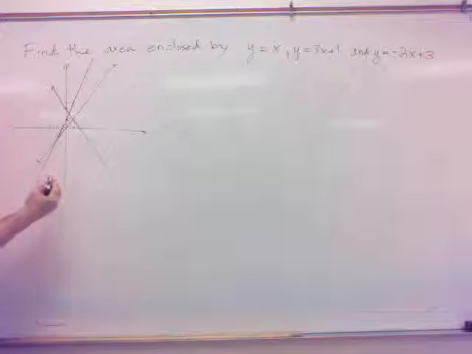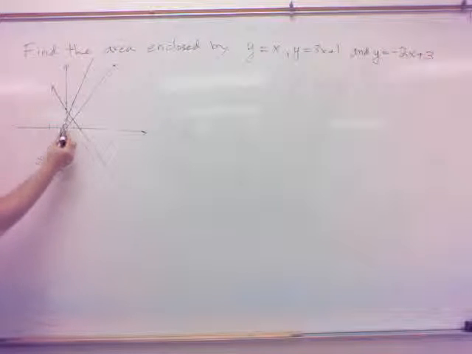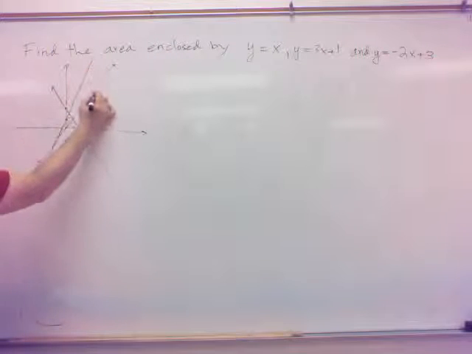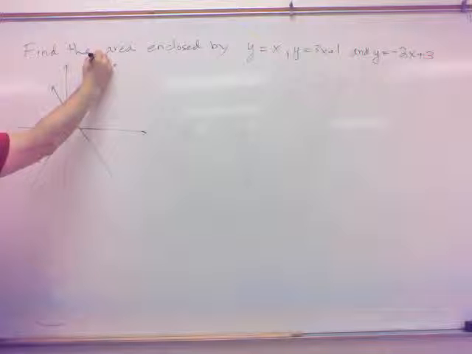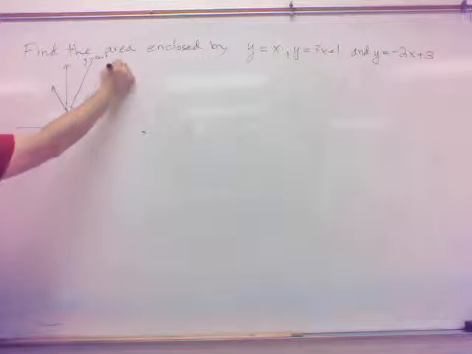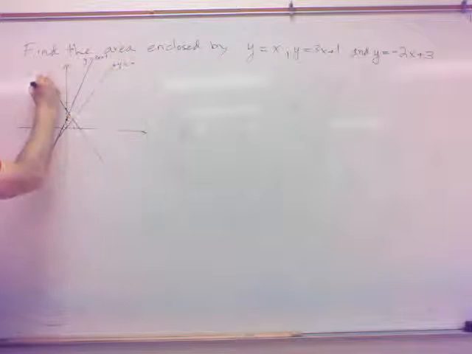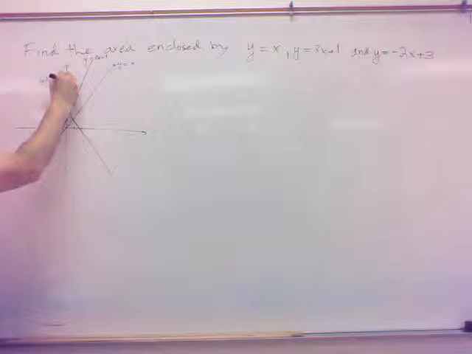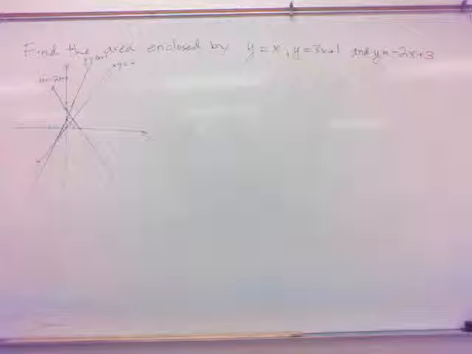Probably can guess our intersection points, but yeah, we've got basically three intersection points. I can't remember which one this was. This was 3x plus 1, wasn't it? This was y equals x, and this was minus 2x plus 3. But yes, I do need to know those points of intersection.